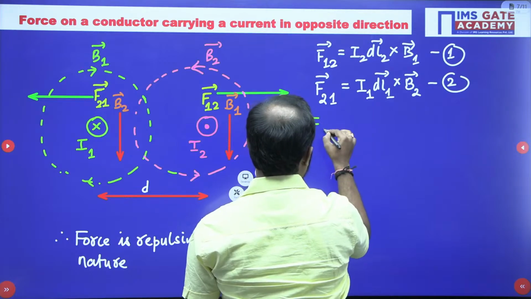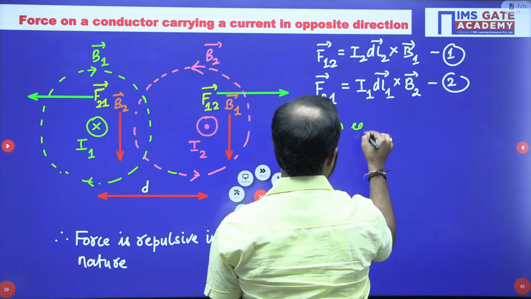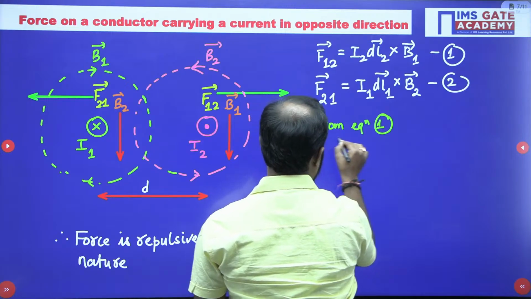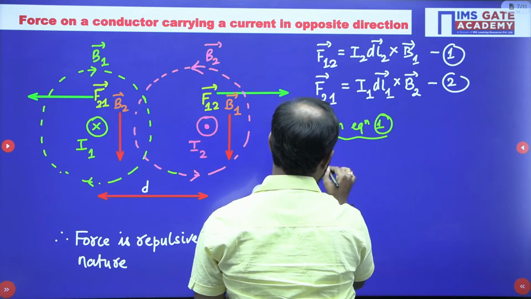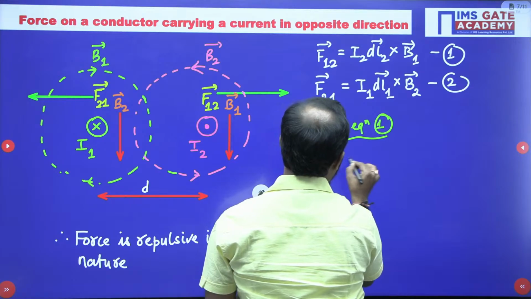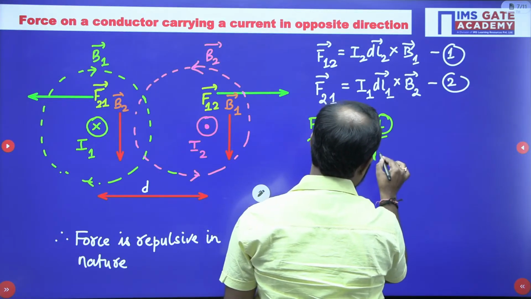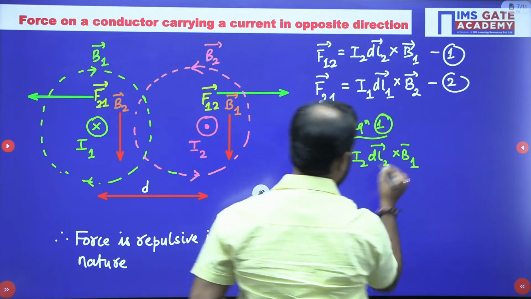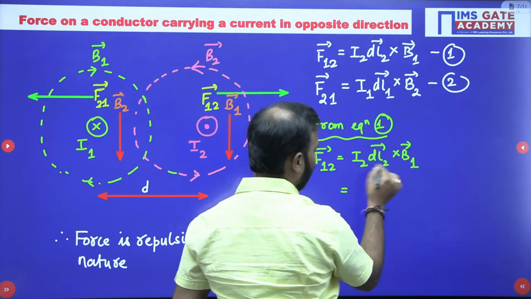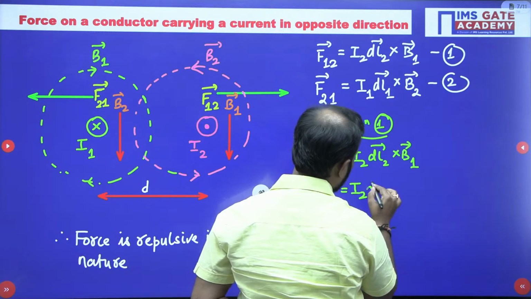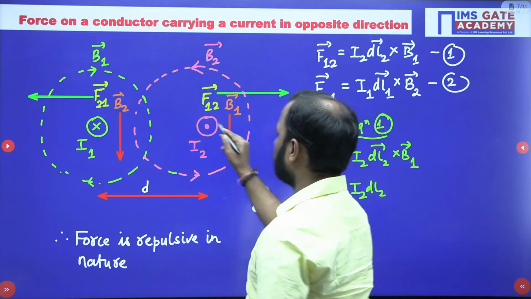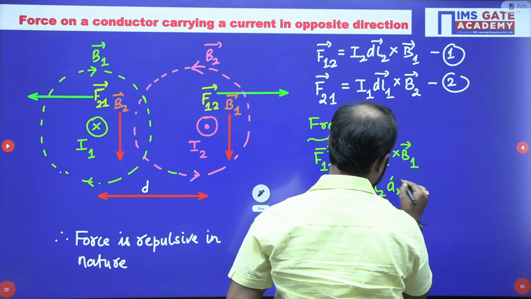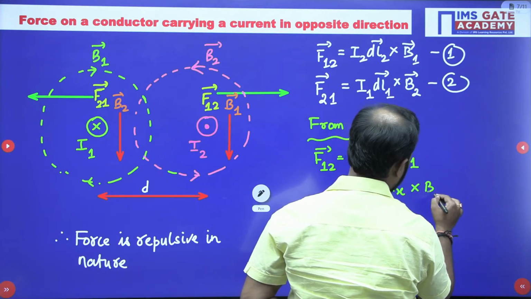So from equation 1, F12 is equal to I2 del L2 into B1. Find the magnitude and direction of I2 del L2. Magnitude is I2 del L2, and the direction is outside, meaning AX cap, into B1.